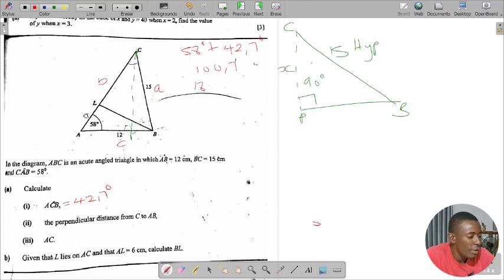From 180, we say 180 degrees minus 100.7 degrees is 79.3 degrees. So our angle B here is 79.3 degrees.